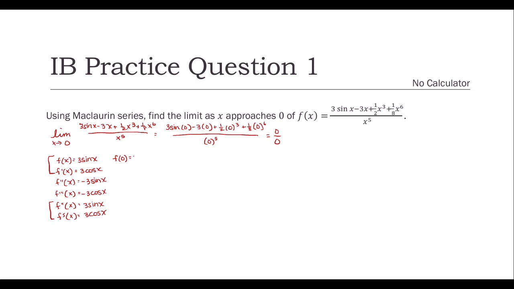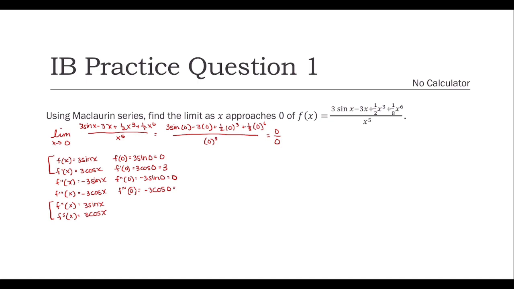So f of 0 is 3 sine of 0. Sine of 0 is 0, so this is 0. F prime of 0 is 3 cosine of 0. Cosine of 0 is 1, so this is 3. F double prime of 0 is negative 3 sine of 0. Sine of 0 is 0, so this is 0. The third derivative, evaluated at 0, is negative 3 cosine of 0.